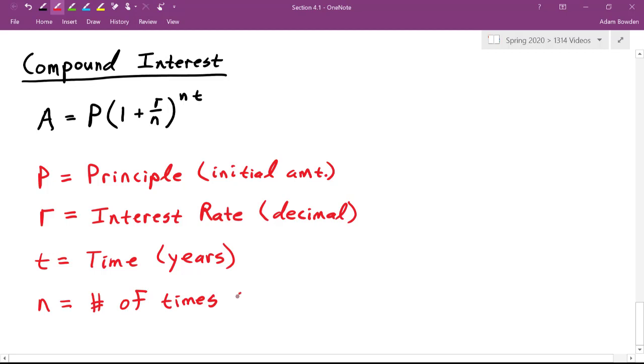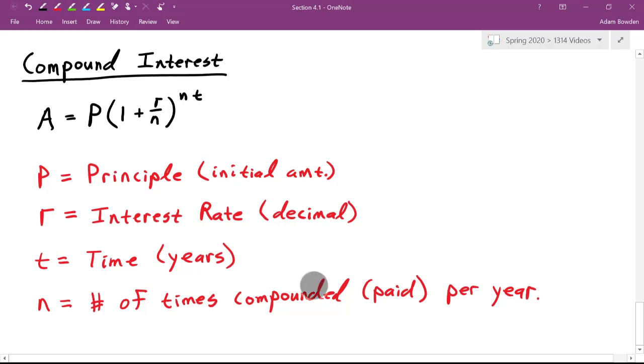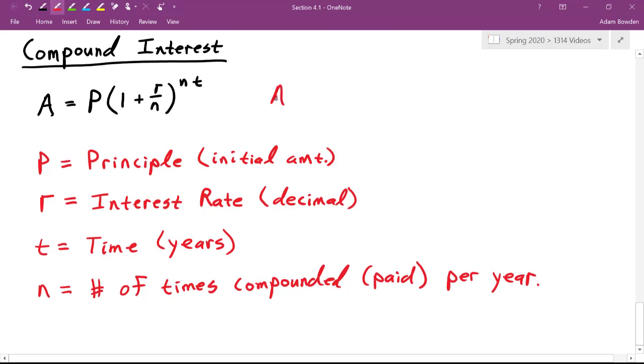What we mean by compounded is paid: how many times interest is paid out per year. And finally the letter A in this formula stands for the amount of money after so many years, T years, in fact.